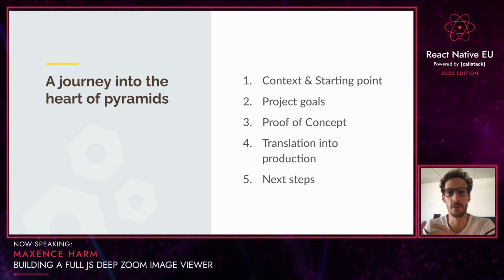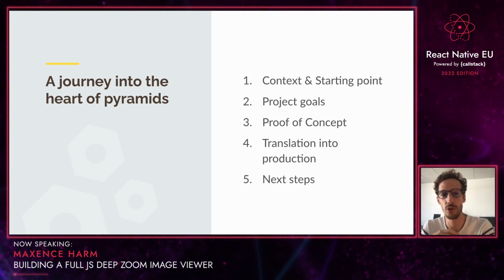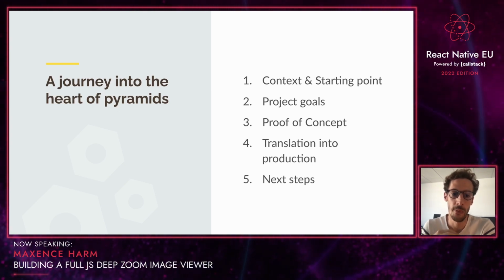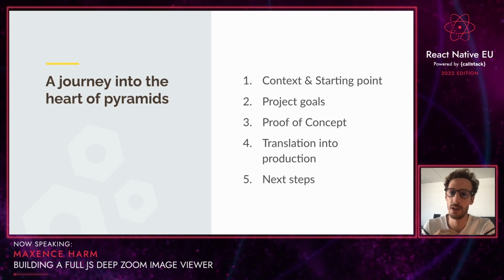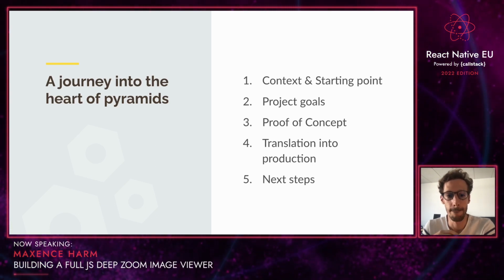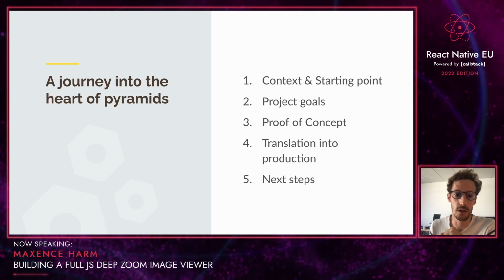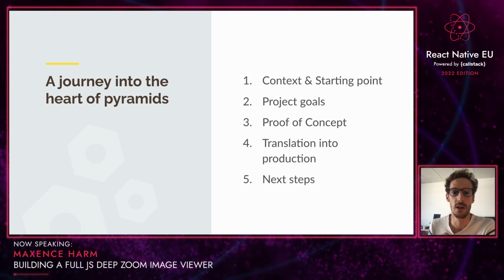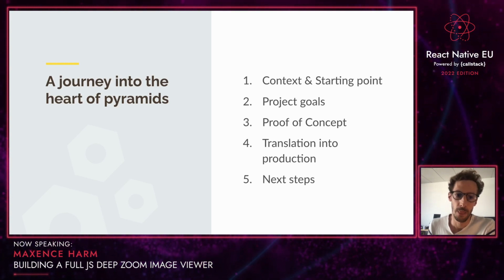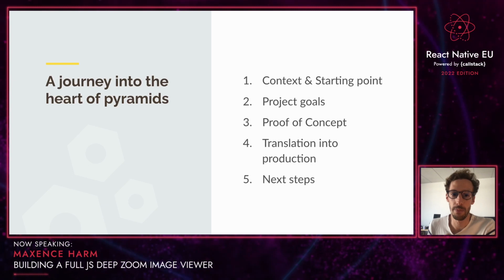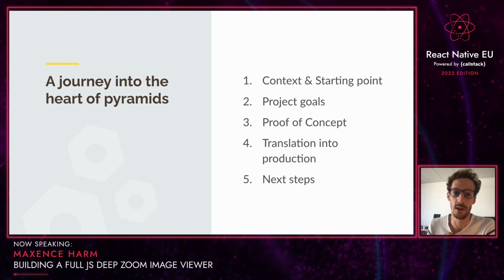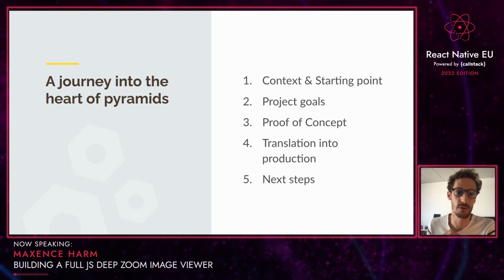First, the proof of concept I did when discussing the project with a prospect to showcase what we were going to do, and the phase of implementation in our production app. As I said earlier, we kind of changed the way we plan to do it between those two phases, and I will explain why. Finally, I will recap what we achieved and what we still have to do in order to make it even better, as well as ideas for further use.